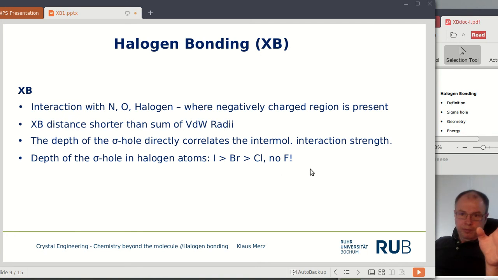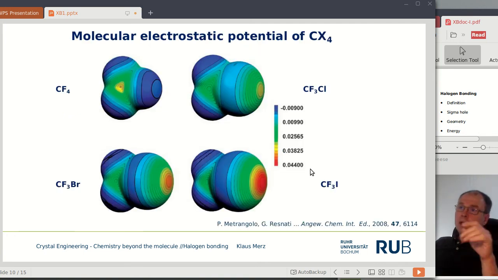No fluorine. Why? Very nicely shown in this contribution from 2008 in Angewandte Chemie. This is the molecular electrostatic potential of halogenated carbon, tetrahalogenated carbon. What you see in the case of fluorine is always the same distribution of the potential.